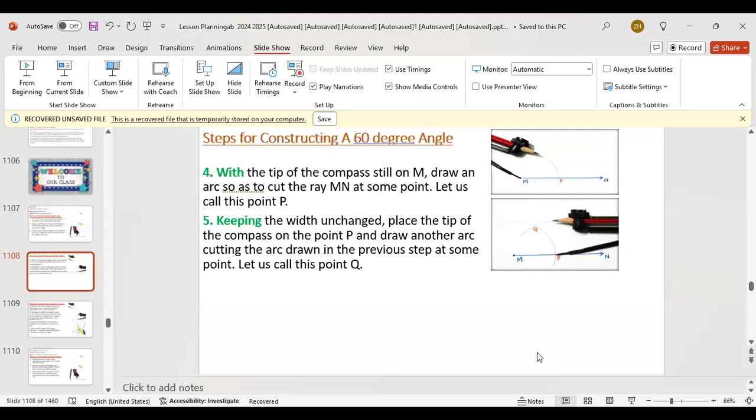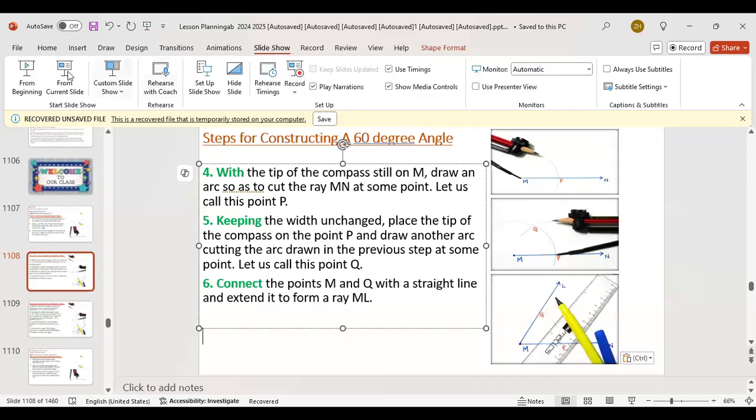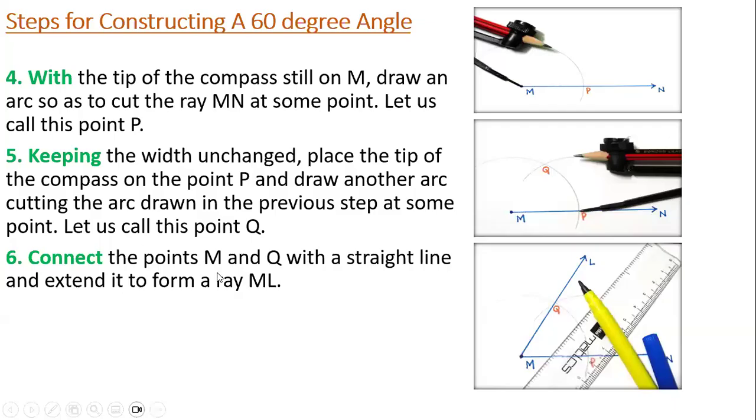Let's do the 6th step. So the 6th step is: connect the points M and Q with a straight line and extend it to form the ray ML. Okay, that is the sixth step.